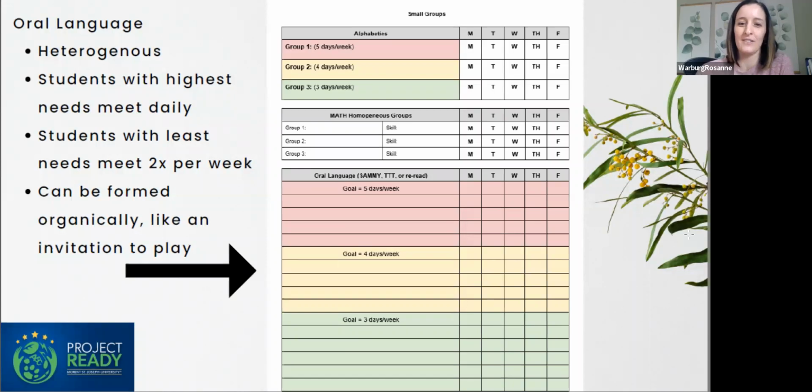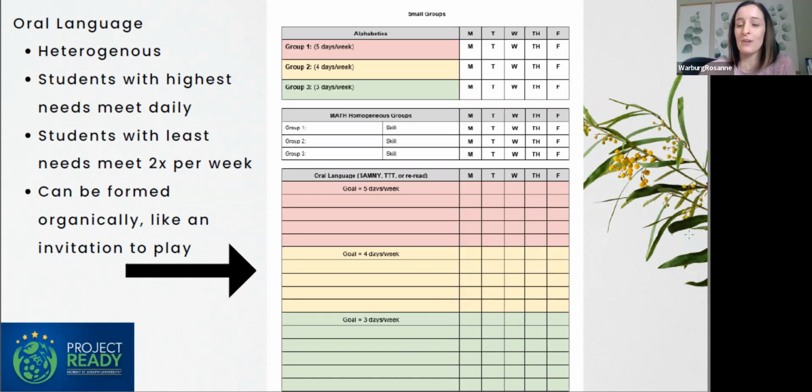Yeah. So the way you would track the oral language piece is just putting a check mark or some kind of symbol next to that student's name any day that you're able to meet with them. So we're not meeting with all of our red students at one time here. We are having groups that come together from all of our skill levels.